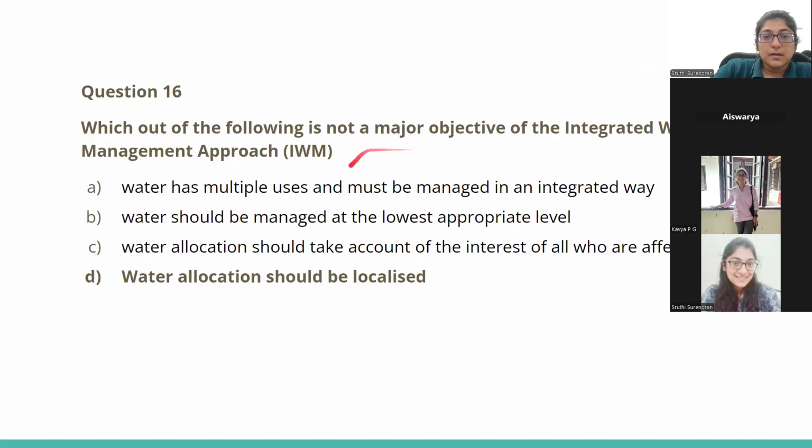So out of this, "water allocation should be localized" is not an objective of integrated watershed management. It has multiple uses, so it has to be managed in an integrated way. It should be managed at the lowest appropriate level. It should also take into account the interests of all who are affected. These are the various objectives of integrated watershed management. So option D will be the correct answer.